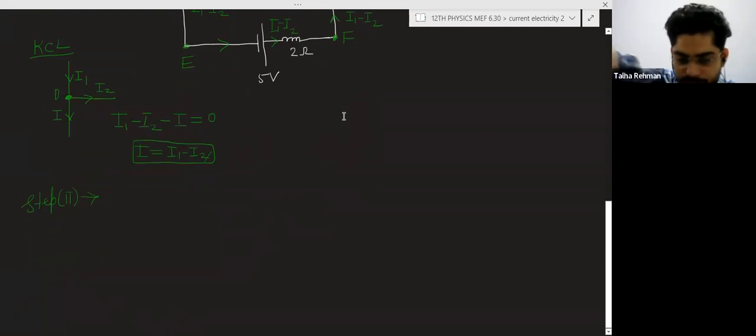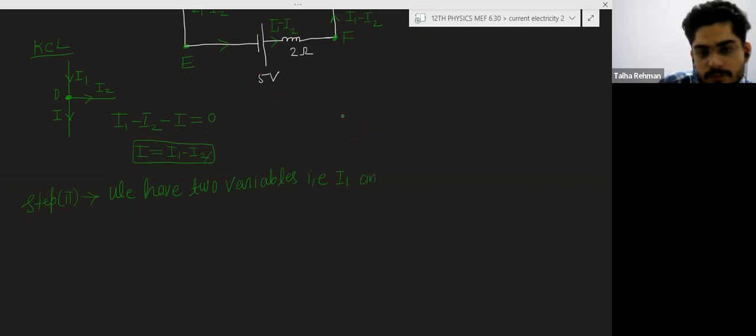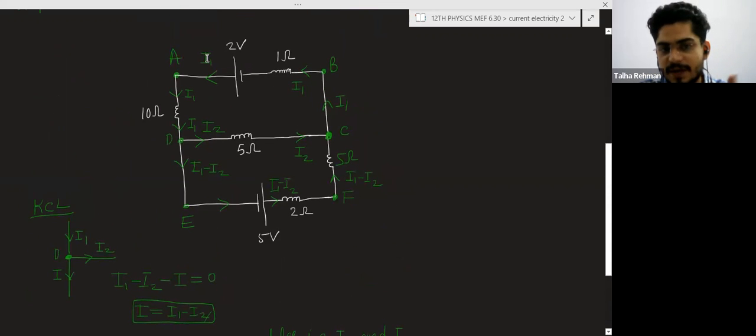Step second, we have two variables, that is I1 and I2. We have considered one variable I1 and another variable I2.